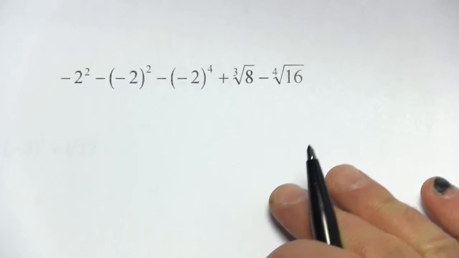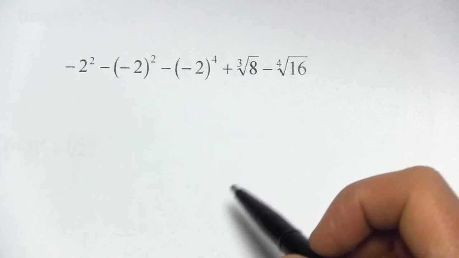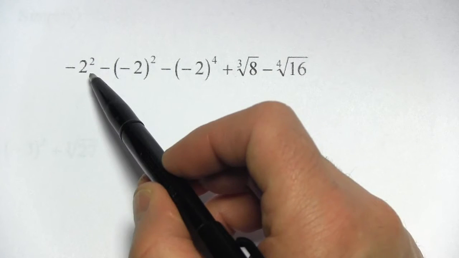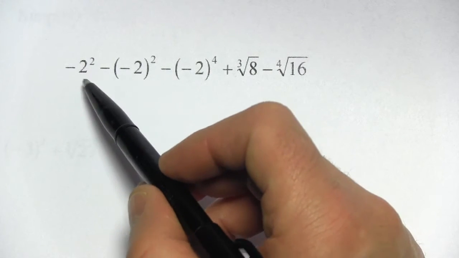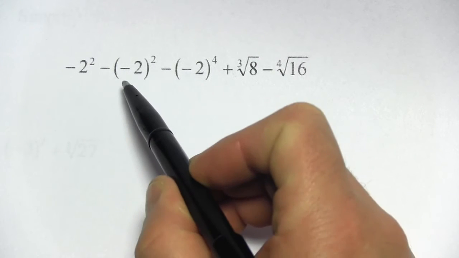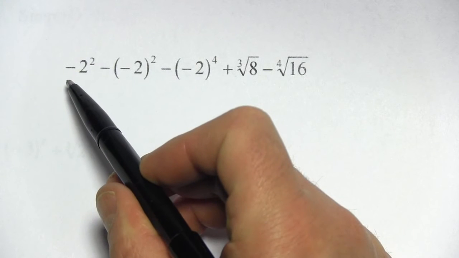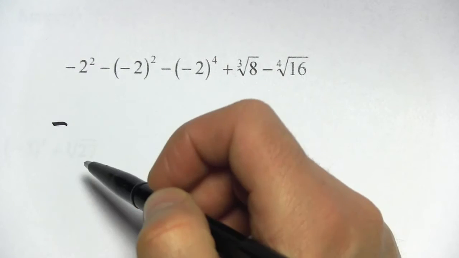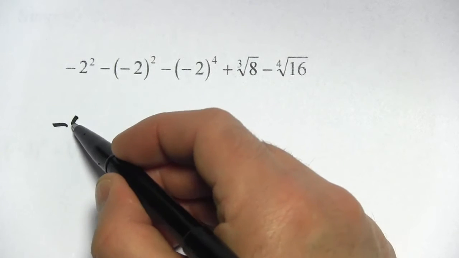Let's try one more. This one's a lot more tricky, but really if we take this step by step, there's nothing we can't solve here. First of all, we have a negative 2 squared. It's important to differentiate between when the negative sign is inside parentheses, like here, or not. If it's not, you definitely want to write that negative sign first, then square the 2. So 2 times 2 is 4.